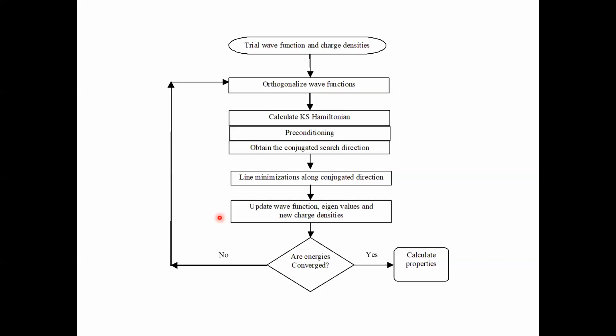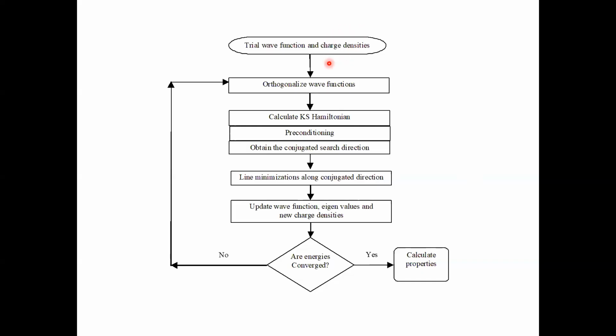So eventually, what do you do? What is the approximate algorithm? For this electronic structure density functional theory calculation under the plane wave periodic pseudo potential approximation, you first guess a trial wave function. You guess the form of the Kohn-Sham orbitals, and then using that trial wave function, you build up the charge densities.